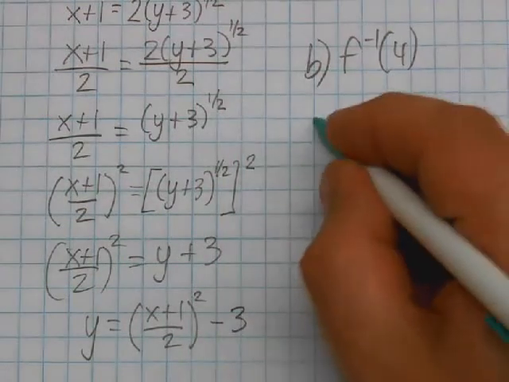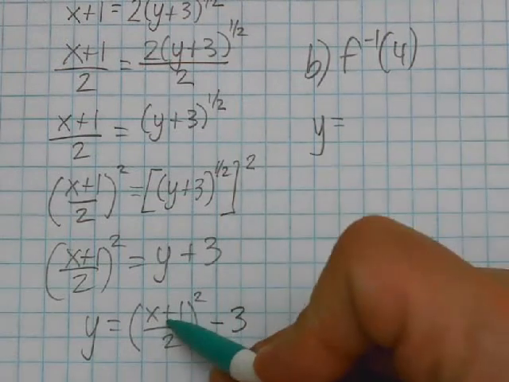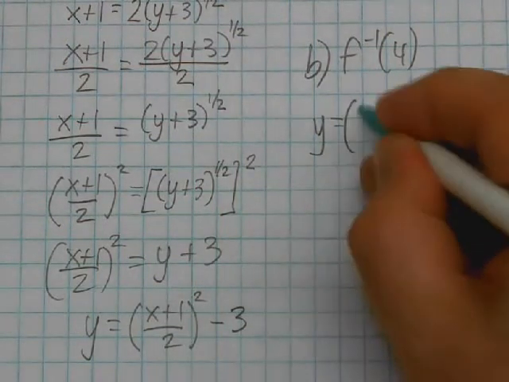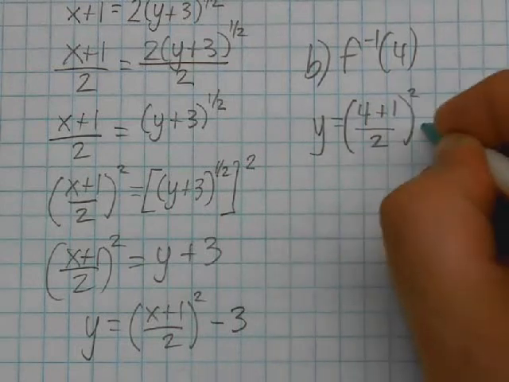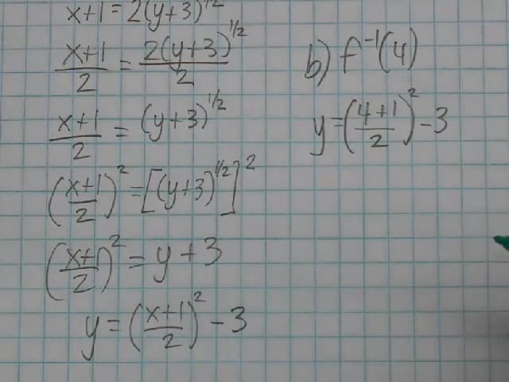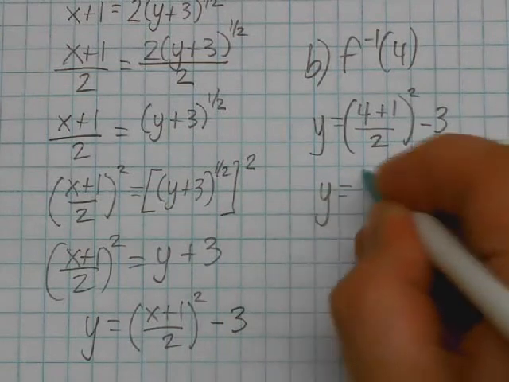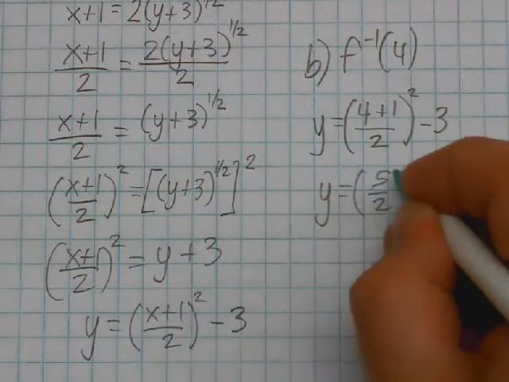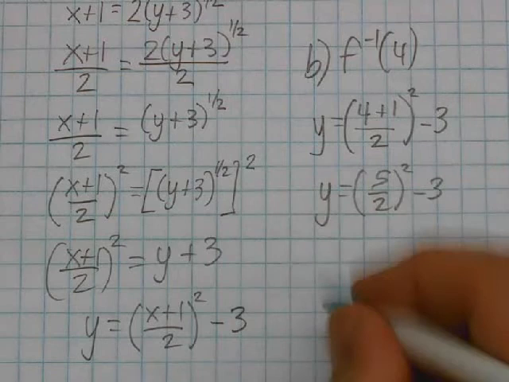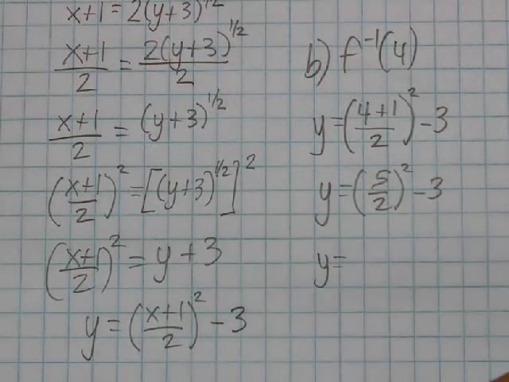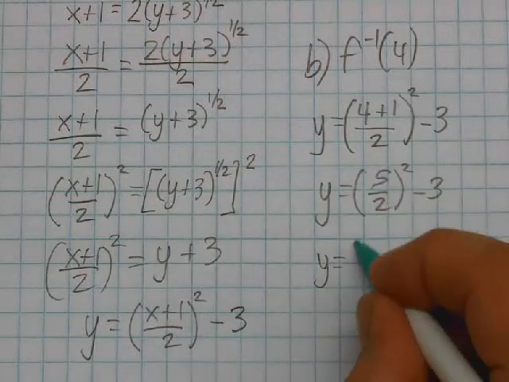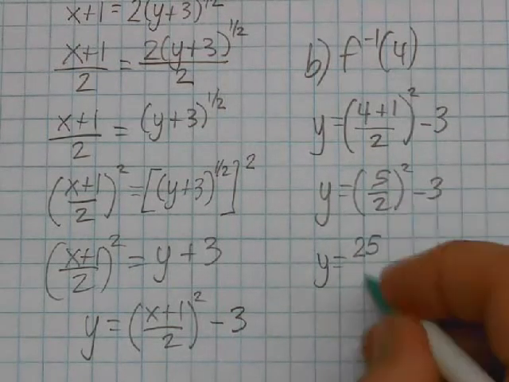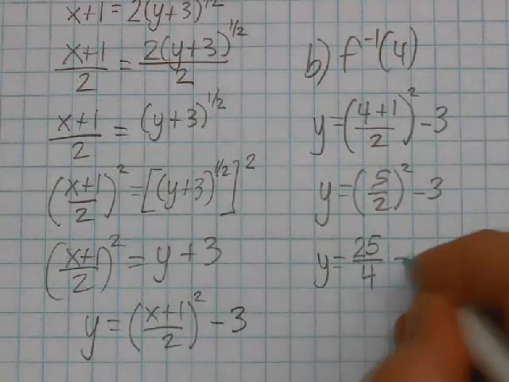So I plug in 4 for x. That gives me 5/2 squared. When I square a fraction, I'm squaring both the top and bottom. So 5 squared is 25, and 2 squared is 4.